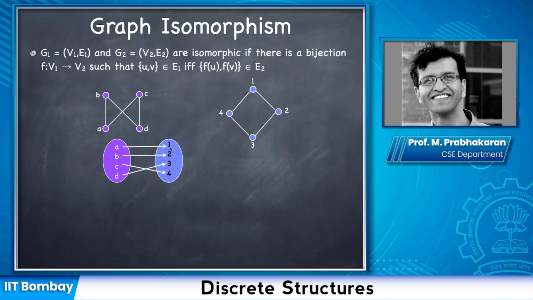So they're all the 4 edges that you see on the right hand side. So this is a bijection from G1 to G2. Indeed, the labels, V1 and V2 could be the same set also. They don't have to be different sets. For clarity, I have shown them, I've given this ABCD, this is 1, 2, 3, 4.